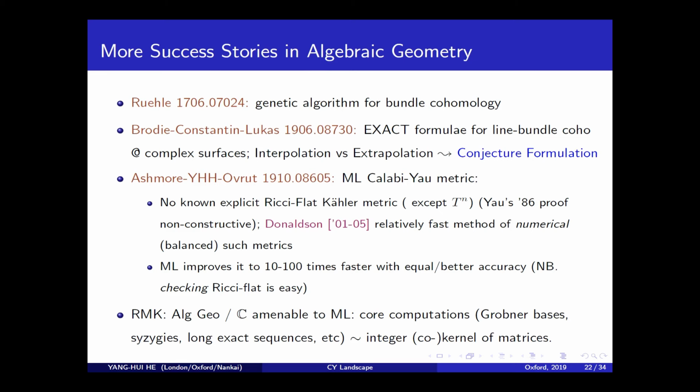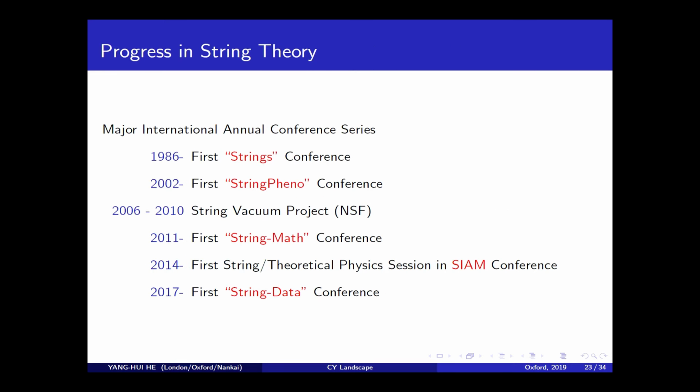But to echo Peter's wonderful talk in the beginning, where he did a flow chart of his life, if you were here for the first talk, I did a similar flow chart of progress in string theory. The first Strings conference was in '86. The first String Pheno conference was in 2002, actually here in Oxford.